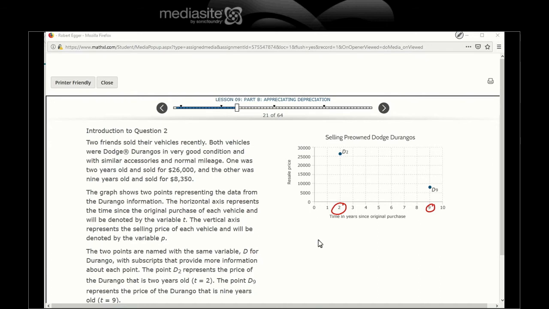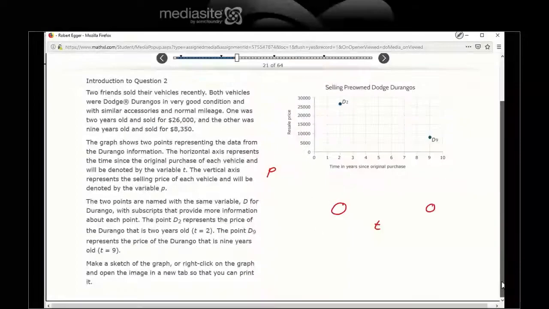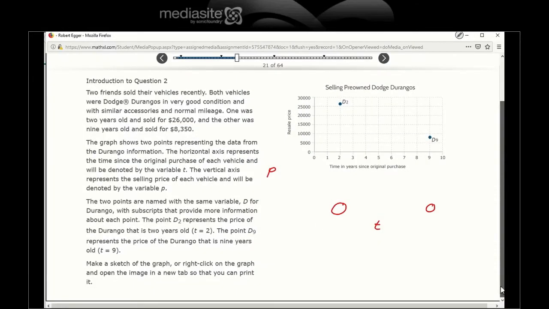Okay, so time, sale price. The 2 points are named with the same variable d for Durango. D2 represents 2 years old and D9 represents 9 years old. Make a sketch of the graph, or right-click on the graph and open the image in a new tab so that you can print it.